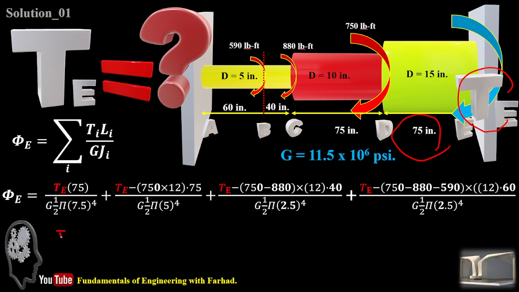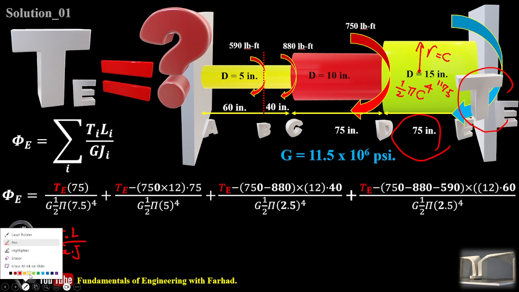So that's TL over GJ. And J is half of pi C to the fourth, where C is the radius. That's 7.5. G remains the same, so that's half of pi times 7.5 to the fourth.